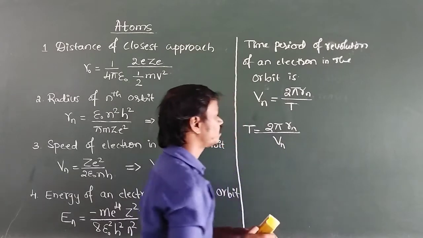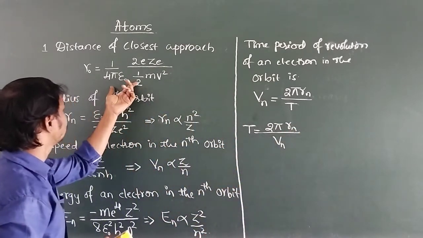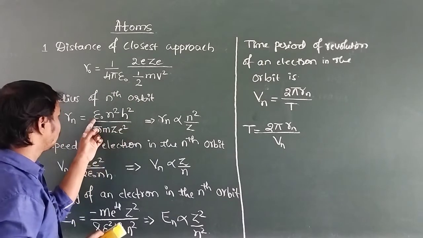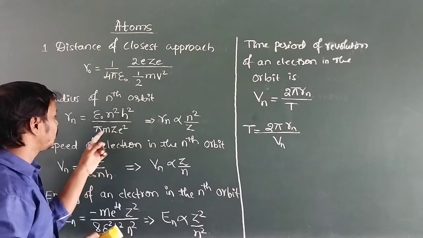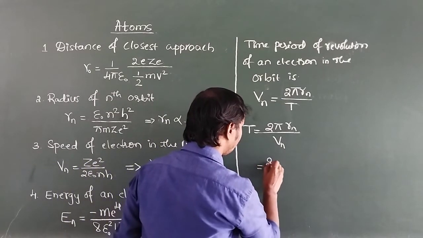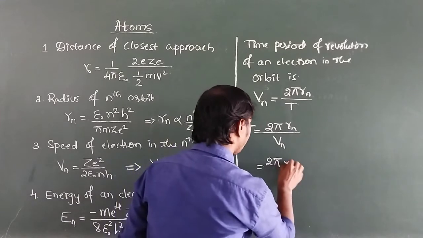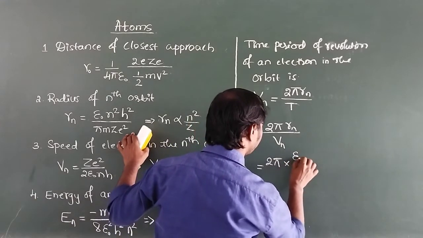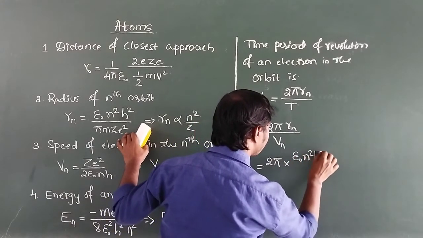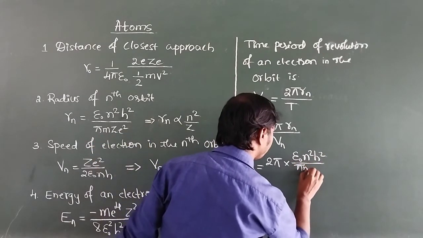So let us substitute Rn and Vn. What is Rn? From the earlier equation, Rn is epsilon naught n square h square divided by pi m z square.